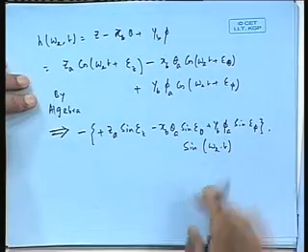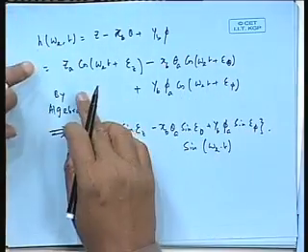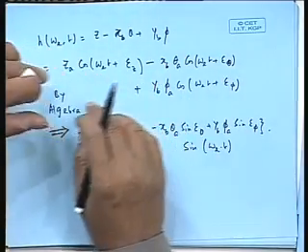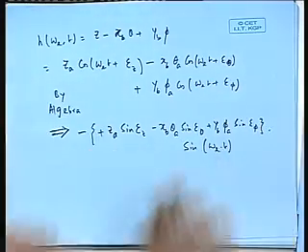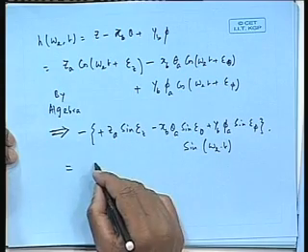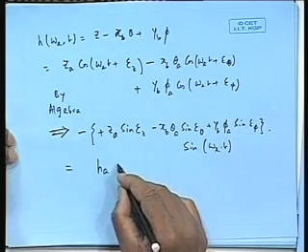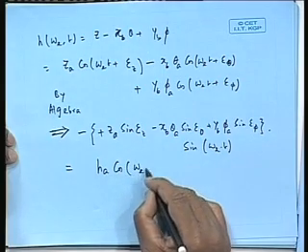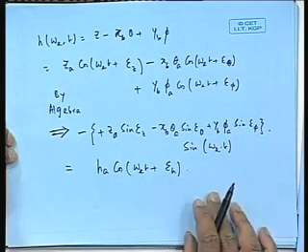What happens is that if you do the algebraic manipulation and add them all up, using cos a plus cos b as cos a cos b and so on, it will turn out to be an expression of something into sine omega e t, which you can write as HA cos(omega e t plus epsilon H).